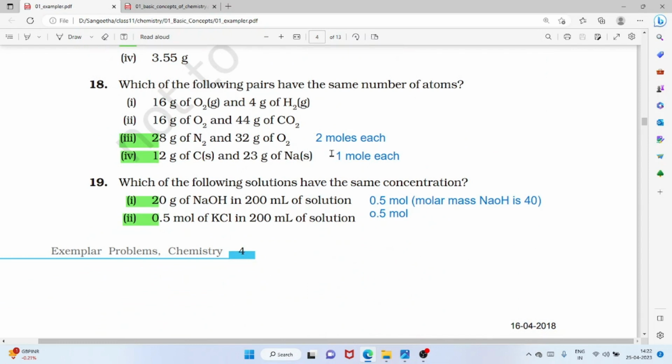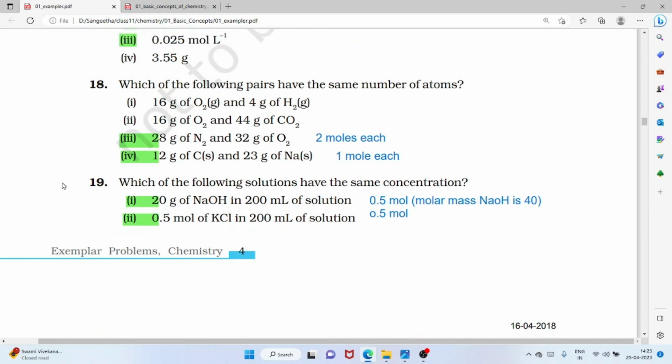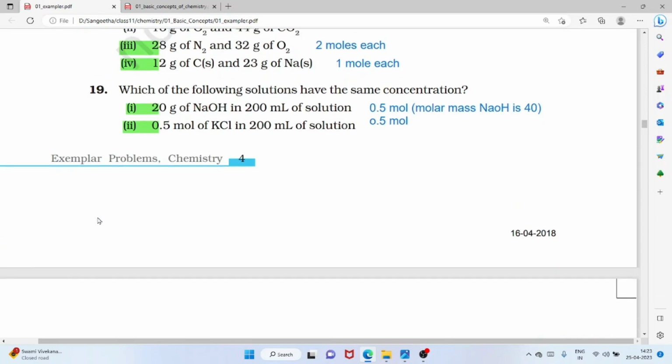Which of the following pairs have the same number of atoms? This is 2 moles each, this is having 2 moles, this is 2 moles, this is 1 mole each. Which of the following solutions have the same concentrations? 20 gram of NaOH, 40 gram is the molar mass, we have 20 gram only, so we have 0.5 mole of this.